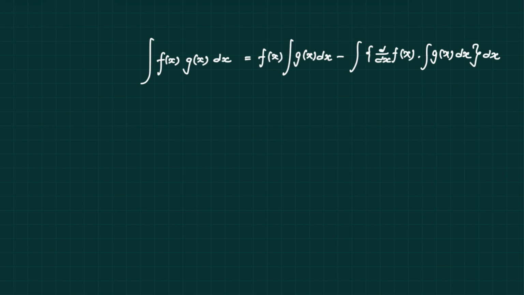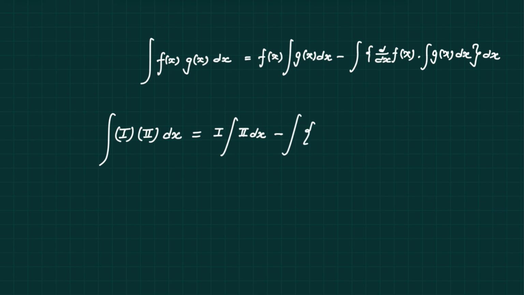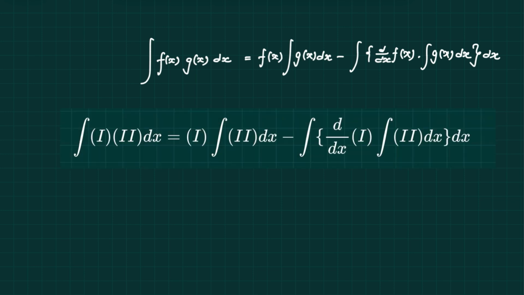But rather than this, I want you to remember it like this: if there is a product of two functions, the first function and the second function, integration by parts says keep the first function first and integrate the second, minus integration of, use a curly bracket, differentiate the first function into integrating the second function, curly bracket close, and dx. So this is integration by parts.